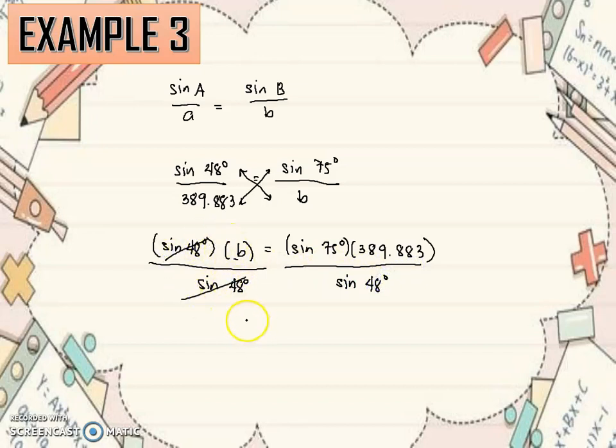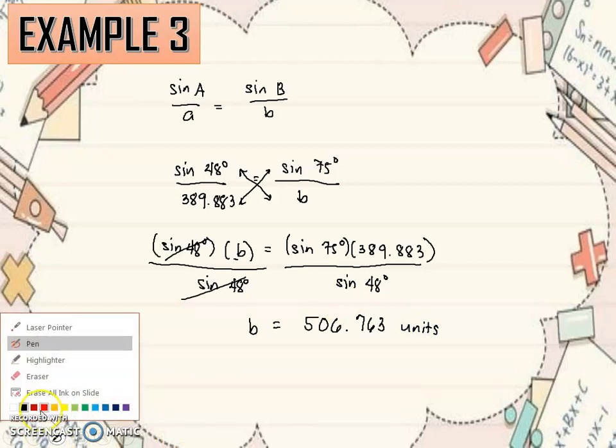So the only thing that will remain here will be side B, and you calculate sine 75 degrees times 389.883 units divided by sine 48 degrees. What will be your answer? The answer, class, is 506.763 units. So, again, box your final answer.